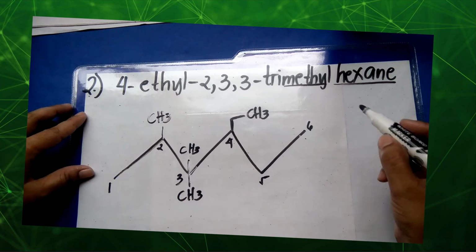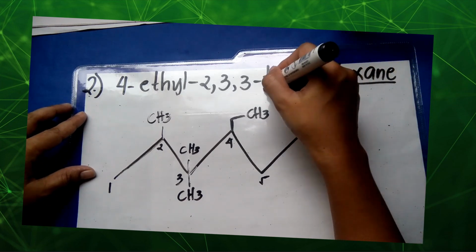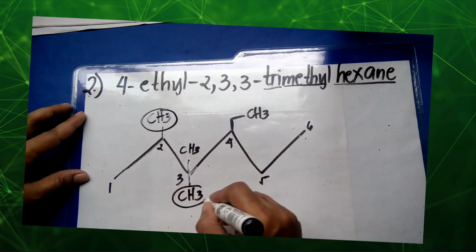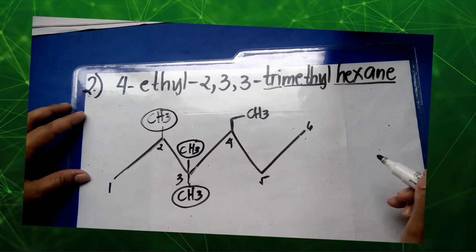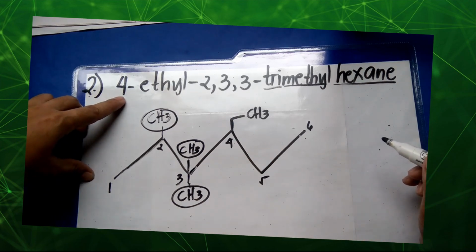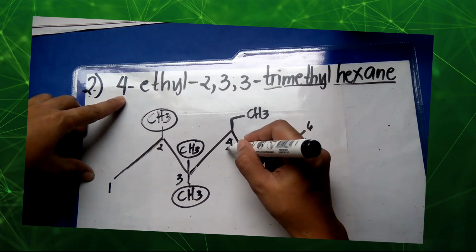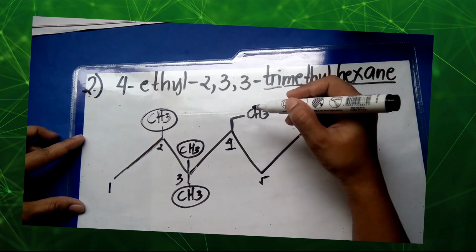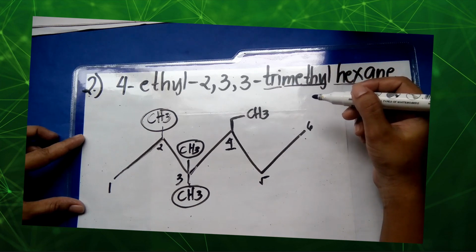So bilangin natin yung substituent na methyl. So sabi po dito is tri. So we have 1, 2, and 3. So tama. Tatlong methyl po yung nakikita natin dyan. And then, sa number 4 carbon naman, right here, meron daw pong ethyl. So, ang structure po ng ethyl ay hindi lang po isang guhit yan, kasi ang ethyl po ay dalawang carbon atom.